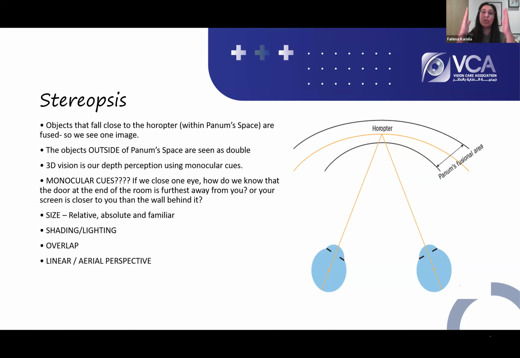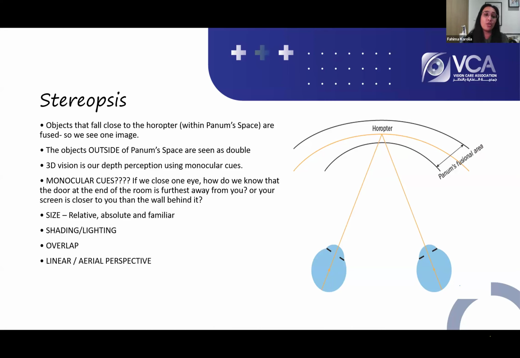We look and we see the horopter and Panum's fusional area, and that's how we see 3D. But if you close one eye, I still know that my laptop is in front of the wall behind it. How can I see 3D when one eye is closed? It doesn't make sense. I've just told you one thing and now I'm changing. Well, it does make sense, because we use cues.